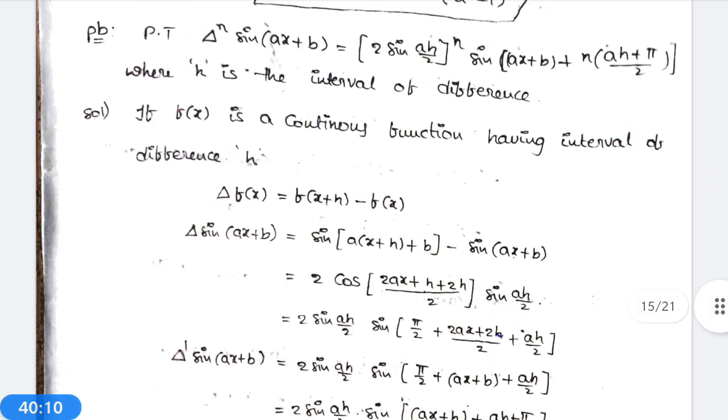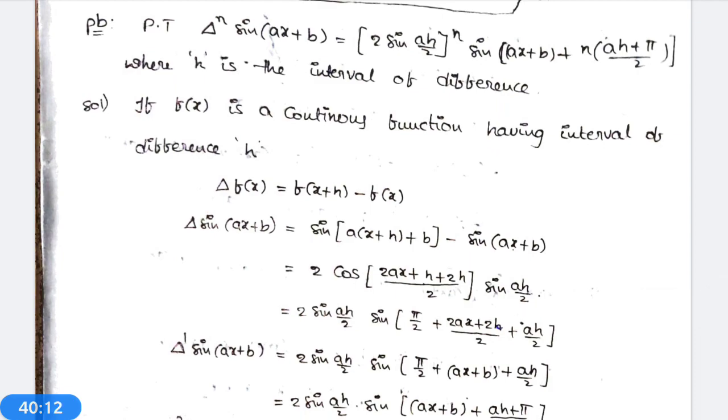Delta power n sin(ax+b). Prove that delta power n sin(ax+b) is equal to (2 sin(ah/2)) whole power n into sin(ax+b+n times (ah+pi)/2).